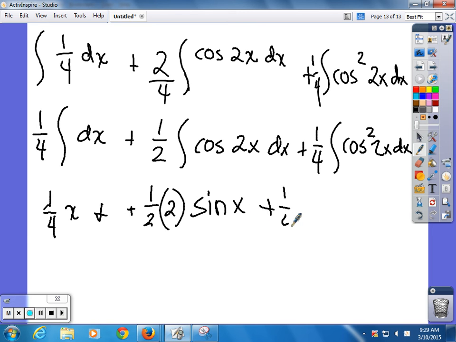Plus 1/4. This one, see the 1 plus the cosine of 4x over 2 dx. Now finish that one.